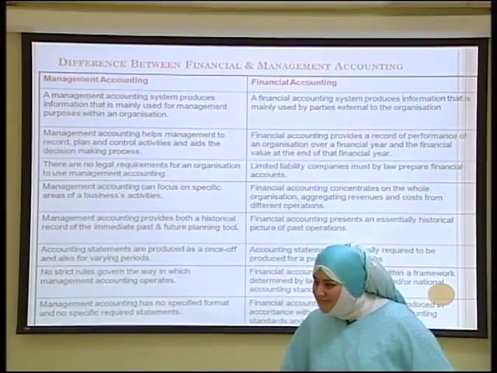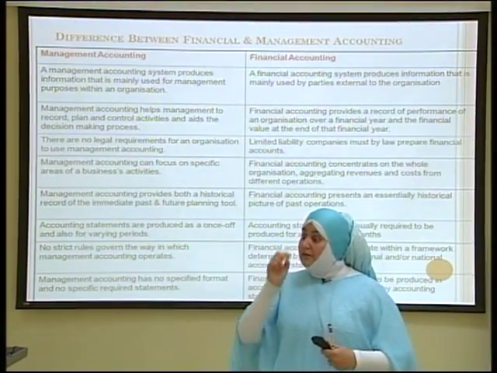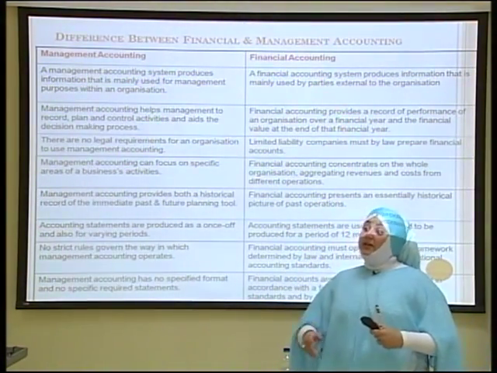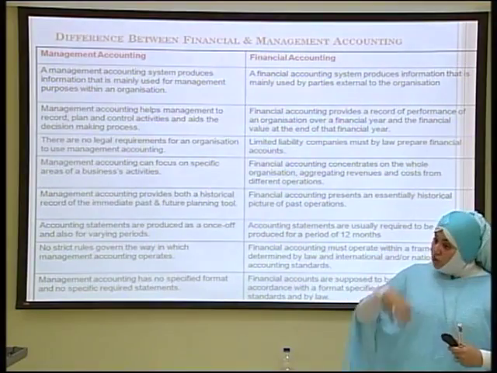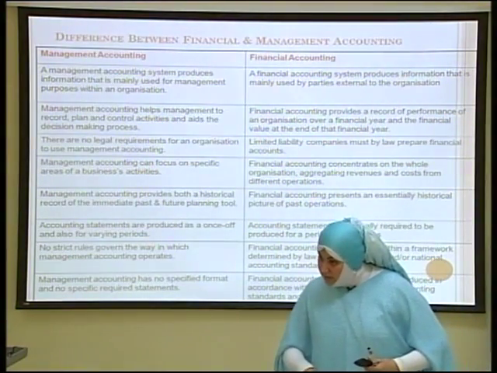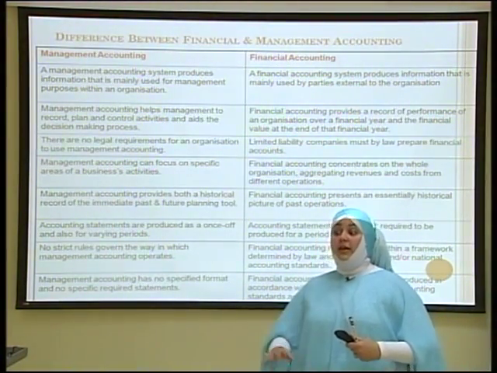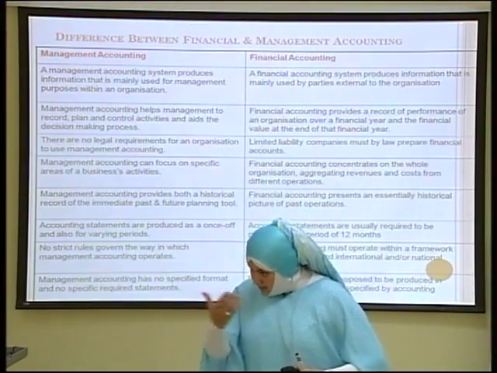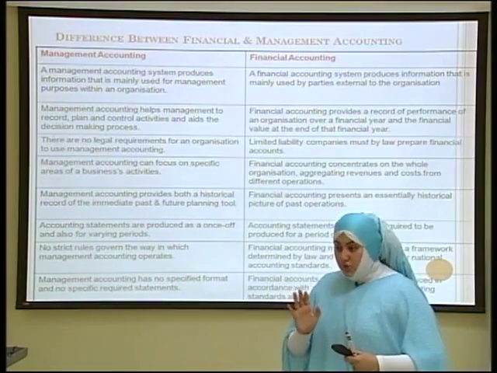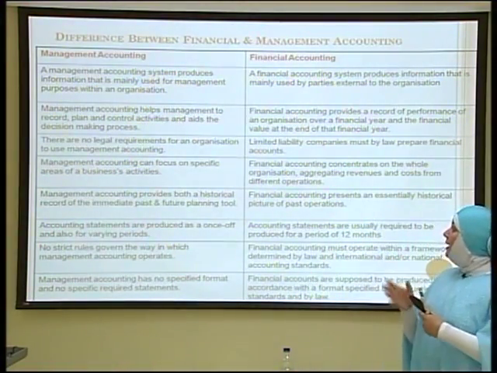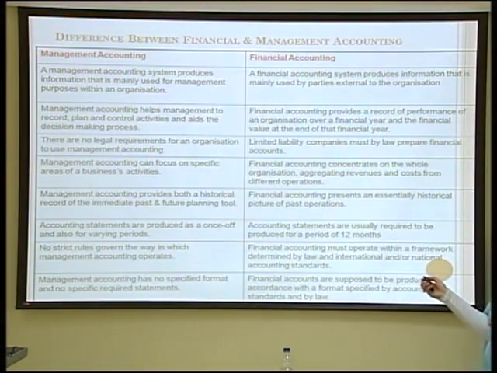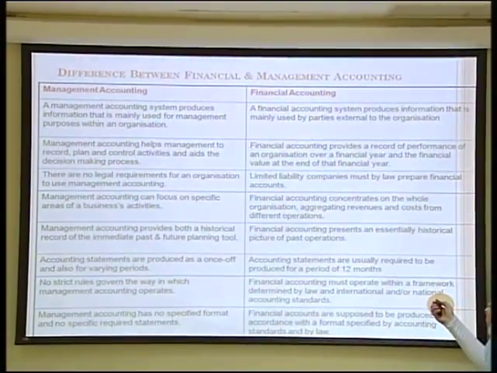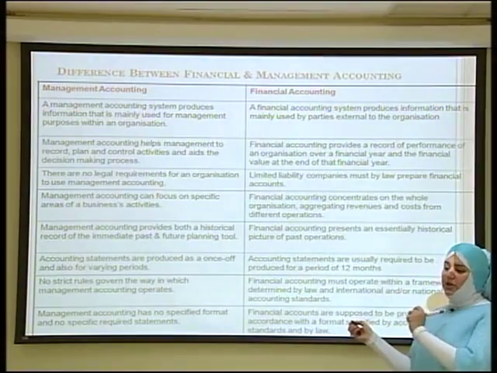Everybody there in the States has to follow them by law. In Egypt, we have our own accounting standards. In Europe, they have the IFRS, and so on. So generally, by law, financial accounts should be prepared according to regulations.